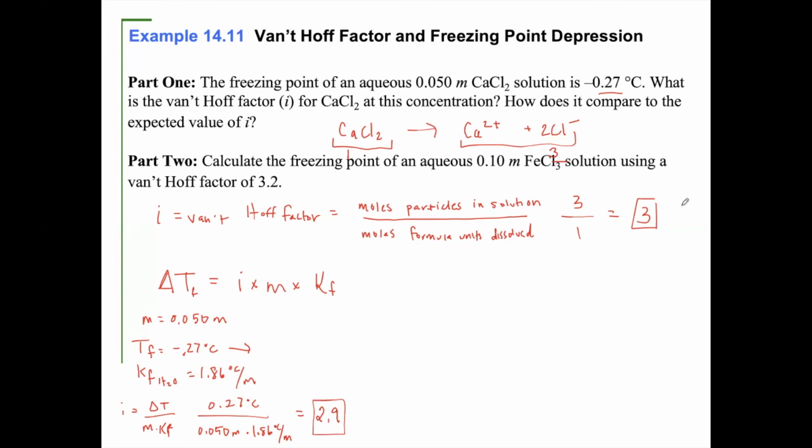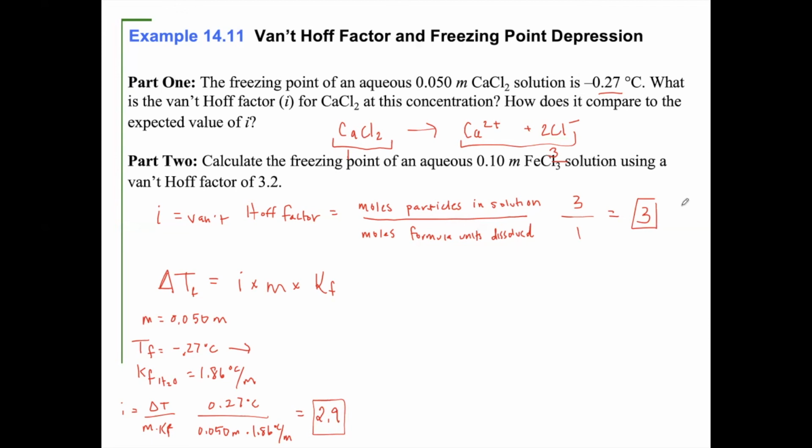And these formula units will reform. So we don't have as many ions floating around as we would expect to. Now, if you have a more concentrated solution, that's more opportunity for those ions to get back together. So that means that your actual value of i would probably be much lower than the predicted value. But here, because it's pretty dilute, those charges are separated from each other, it's pretty close to the predicted value.